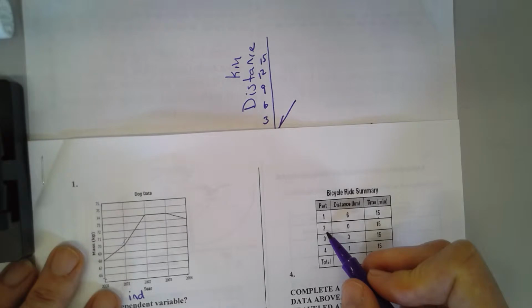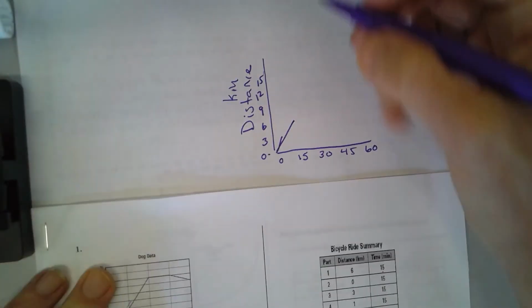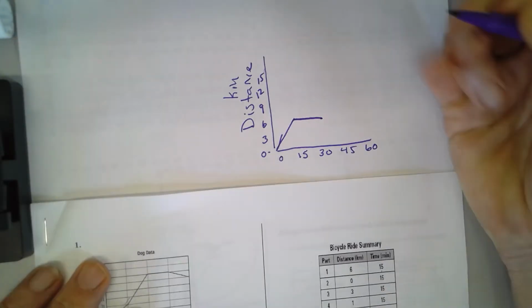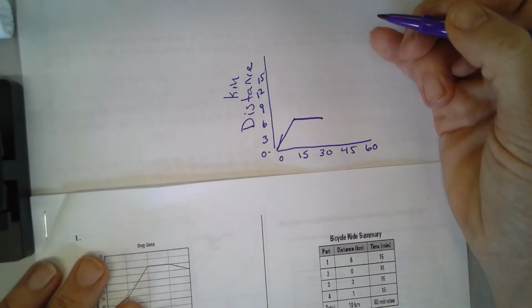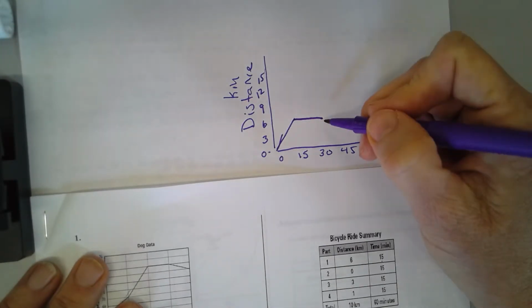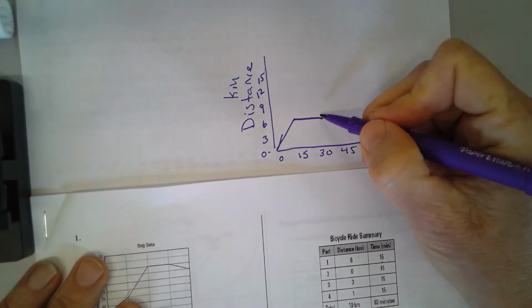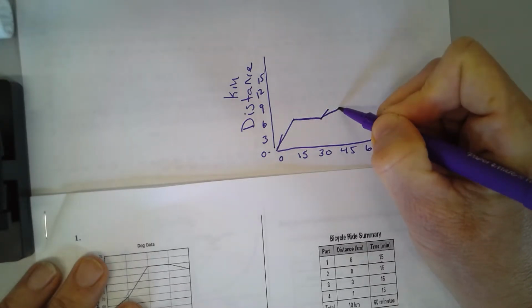My second section, I'm not going to go at all. So this is going to be my rest point. Here, I'm going to stay exactly where I am, so I'm going to have a flat line. And then my third section, I go for 3 miles, so I just go a little bit for my 45 minutes.